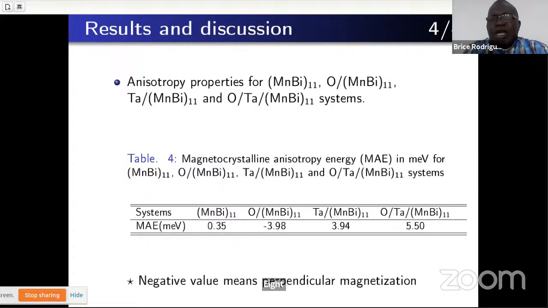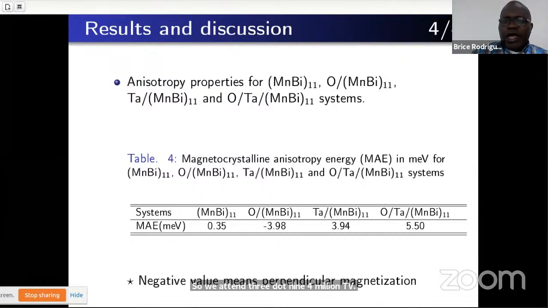About tantalum on MnBi, we observe that the in-plane magnetization is reinforced. So we obtain 3.94 meV.